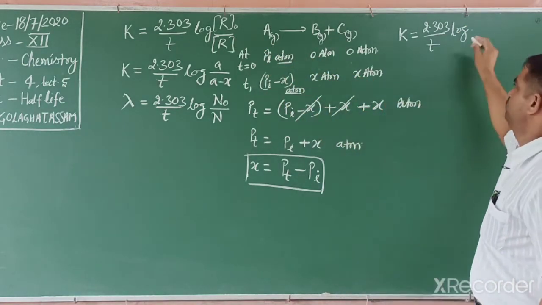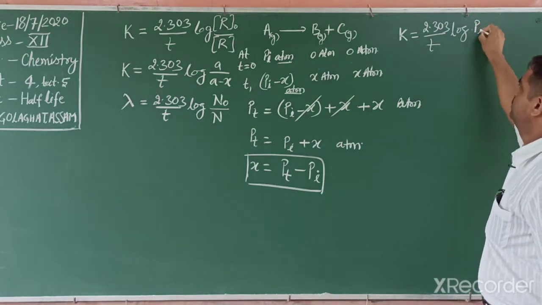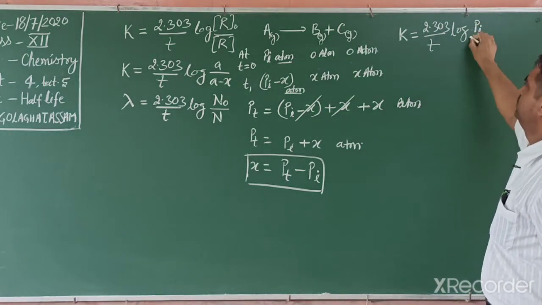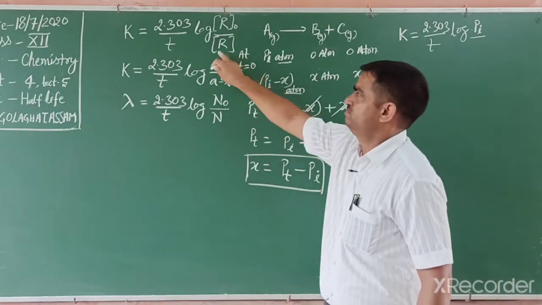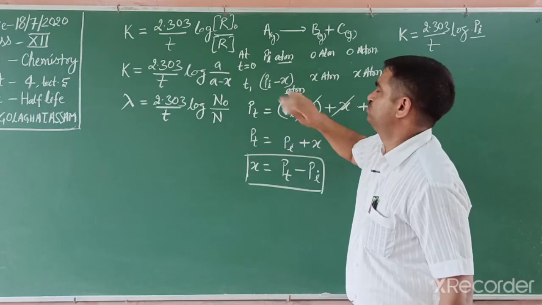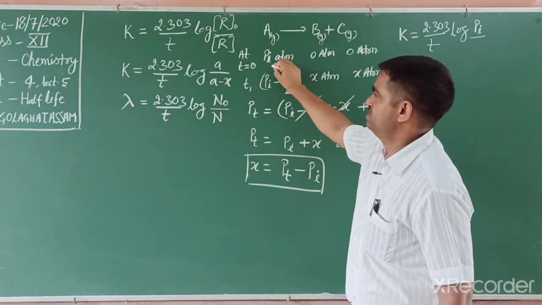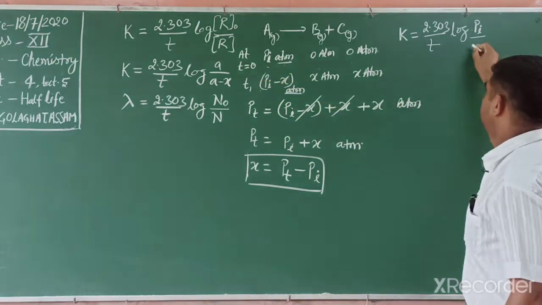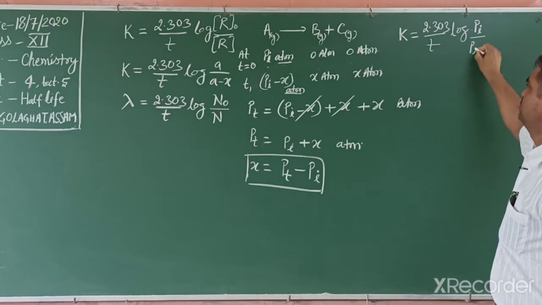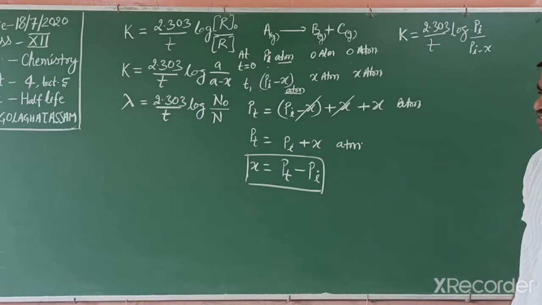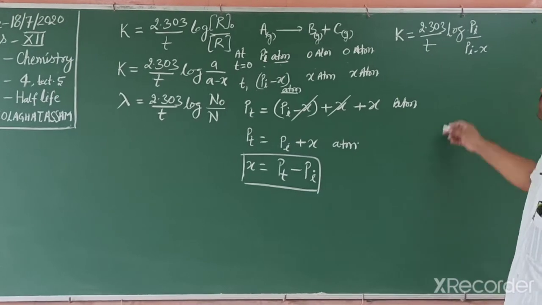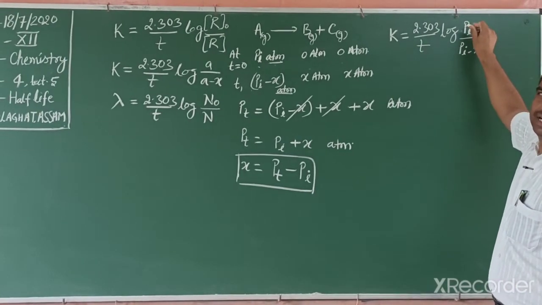In place of R naught, we write the initial concentration Pi, divided by the final concentration of reactant. So this I have to write as Pi minus X. So how can I write the final concentration? Pi minus X.